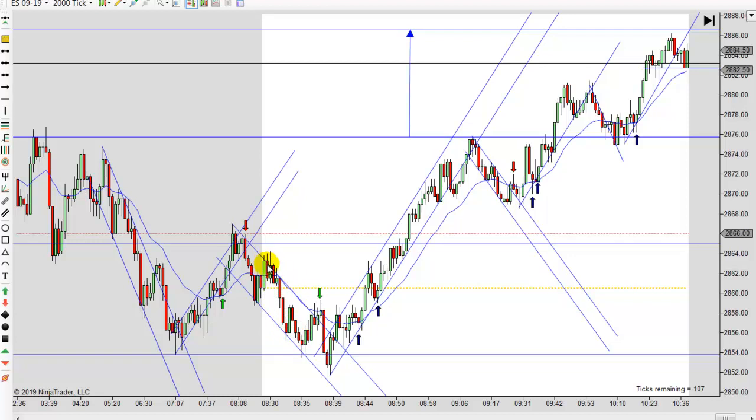It was tempting to enter right here. I think it actually broke lower first and then turned up, so you probably would have got stopped out if you entered there. Once this bar formed, I don't think I would enter under that one, especially when this next one was an inside bar, and you got a couple of matching lows there, basically.